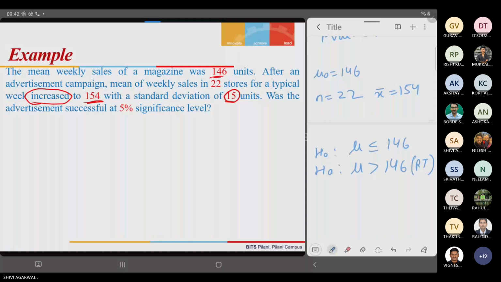Now, it is given for the sample standard deviation. It is not the population standard deviation because it is for the 22 stores. So S is given as 15 units. So sample size is small. Okay. S is given, sigma is not given. Correct. So which distribution can you apply? Which test are we applying?